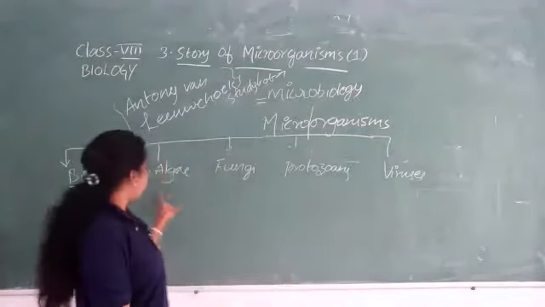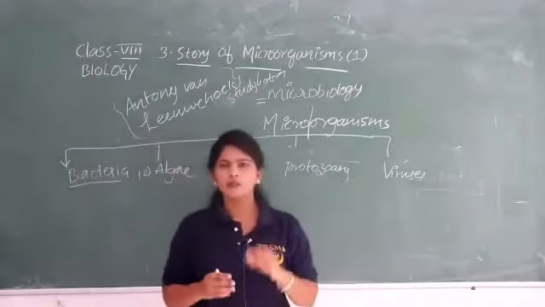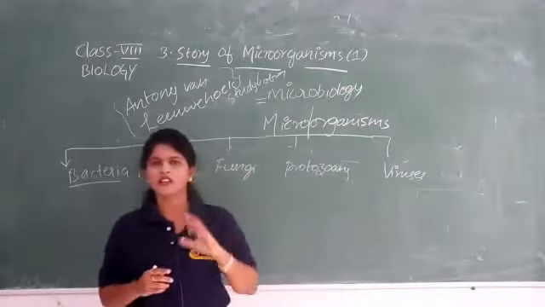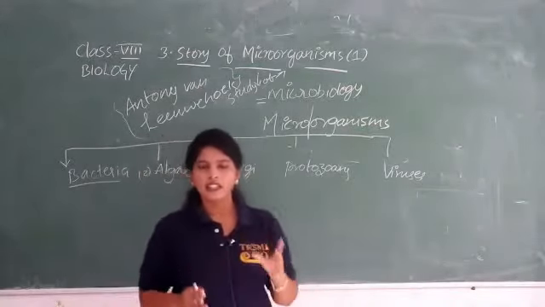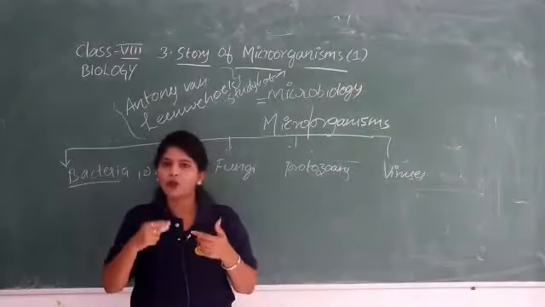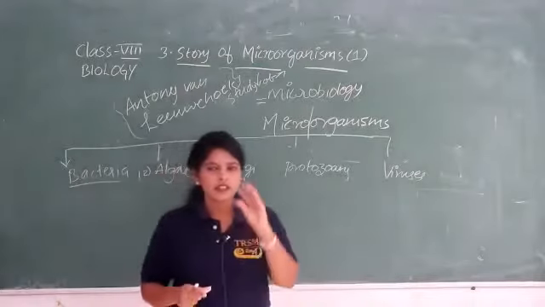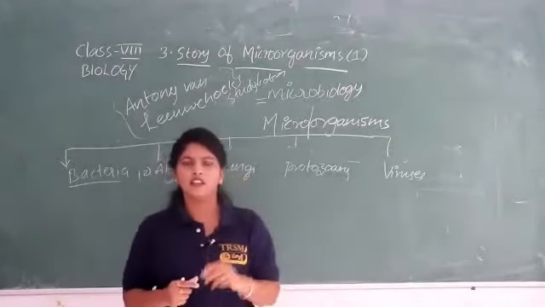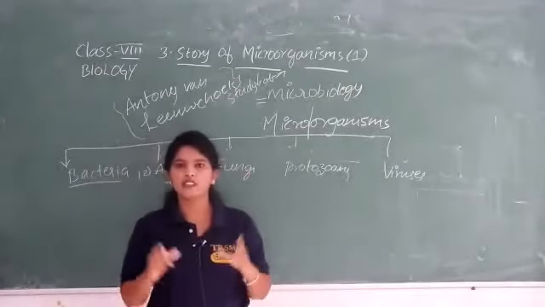And also the algae. The most commonly observed algae is near the ponds or the tanks, right? In the tanks or in the ponds where more humid, wet conditions are present, there you will observe soft green colored material, right? In Telugu you will call it nachu, right?